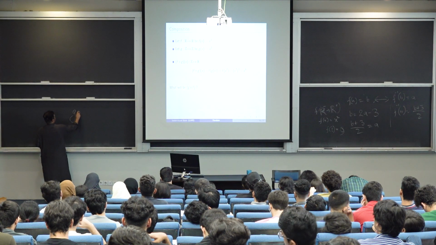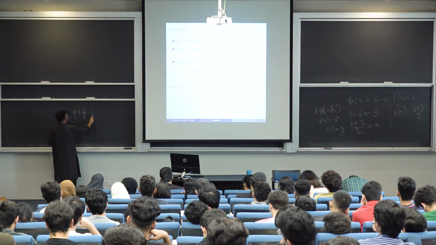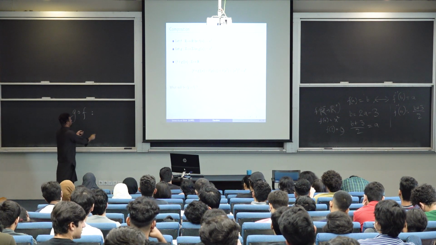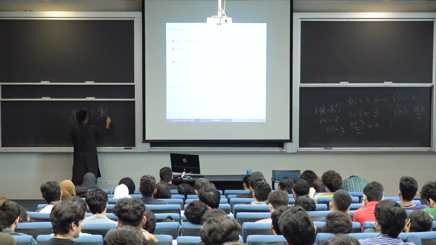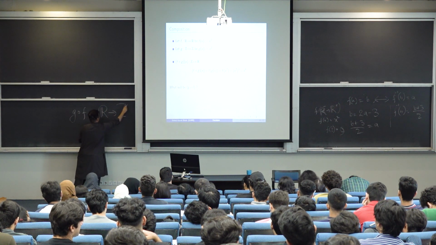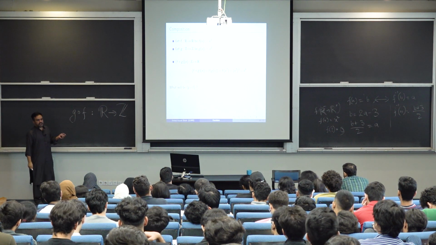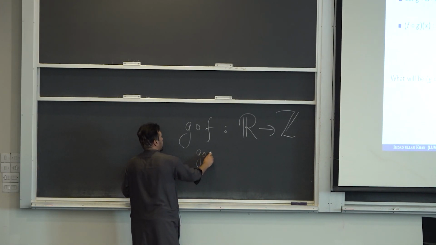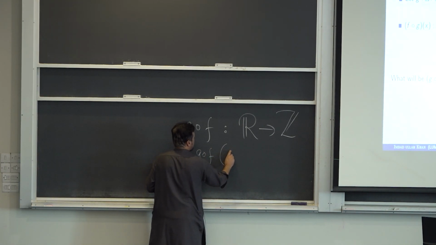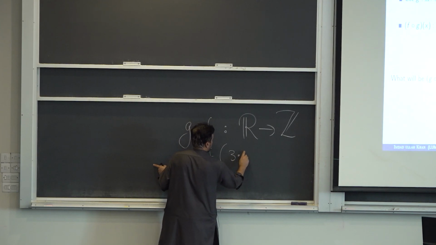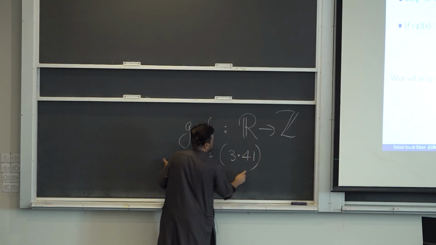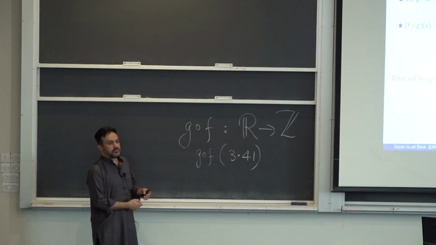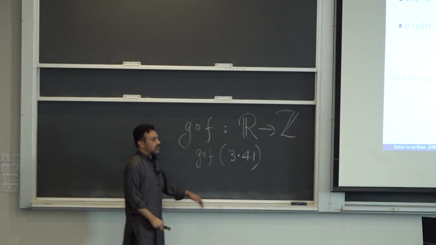Supposedly, this G circle F would be a function from, what will be the domain of the function? Yes, this will be the function. So, now I am asking what will be G composed with F on 3.41?